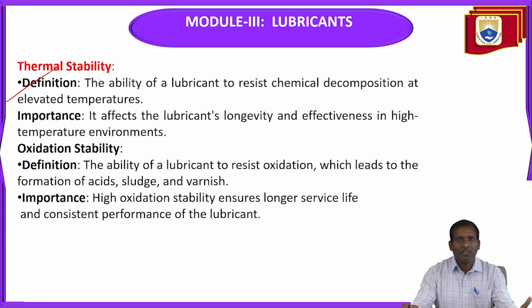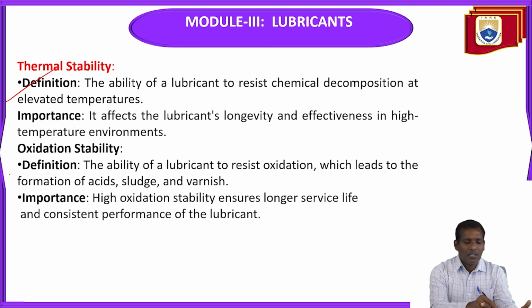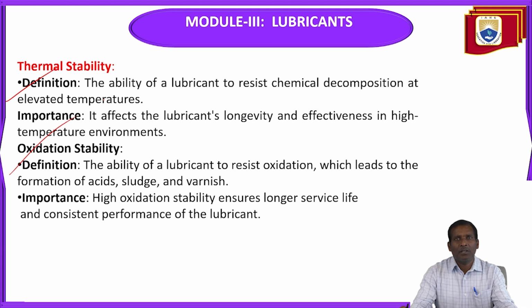Then oxidation stability: the ability of a lubricant to resist oxidation, which leads to the formation of acids, sludge, and varnish. The importance is that high oxidation stability ensures longer service life and consistent performance of the lubricant.